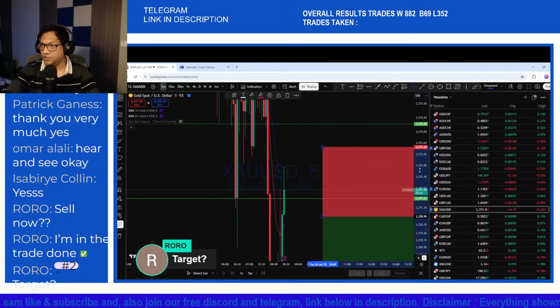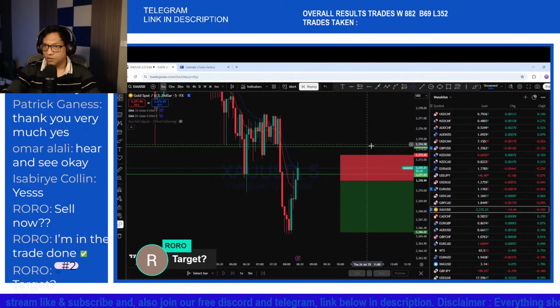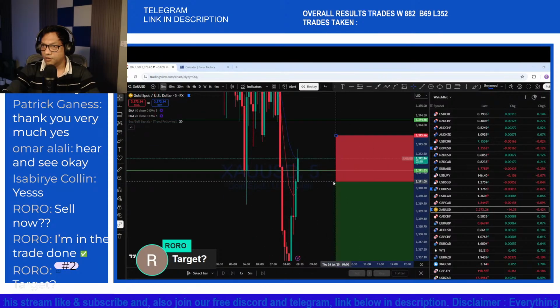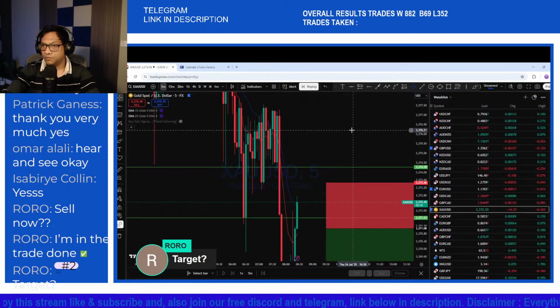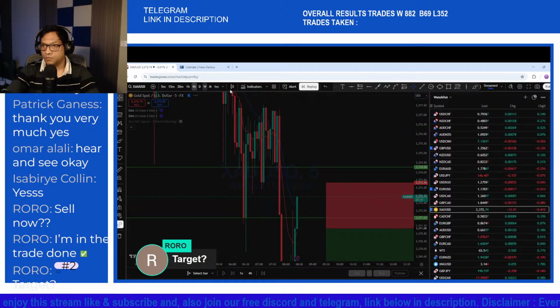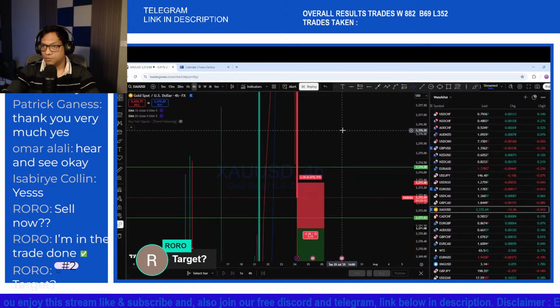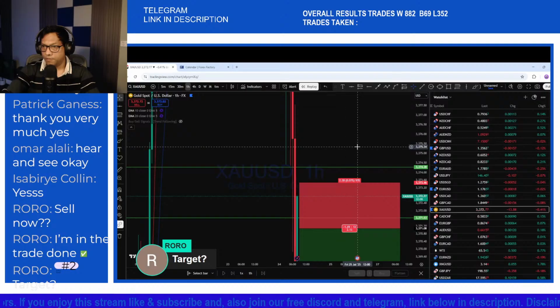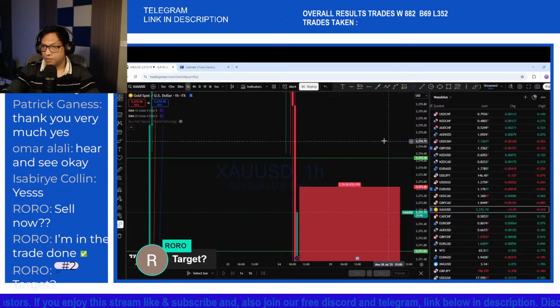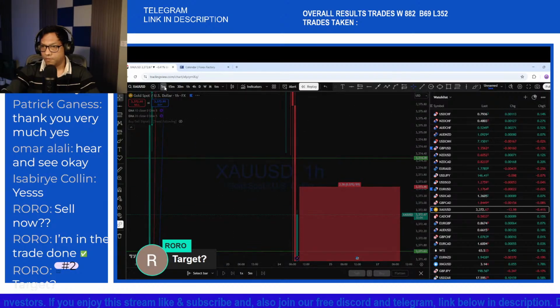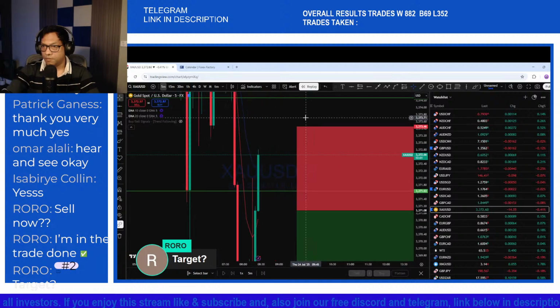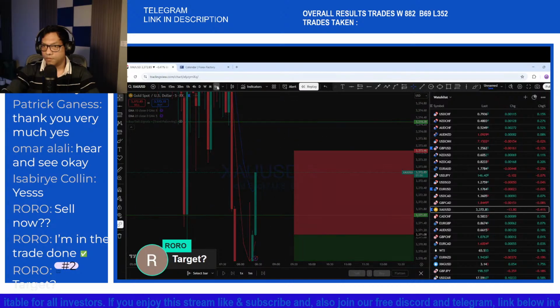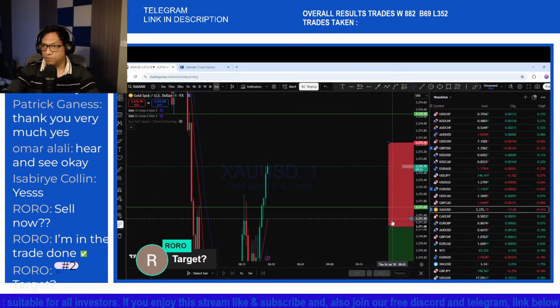Okay, so on the 5 minutes, there is another retest of this 20 EMA, having a sharp bounce.